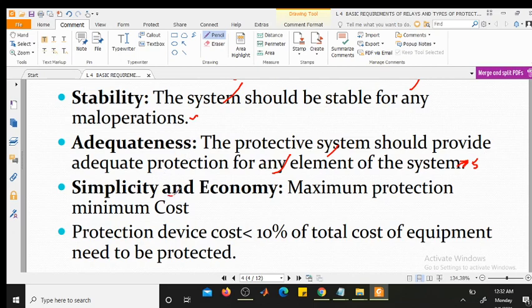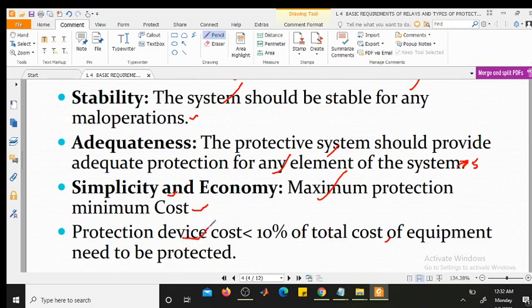Next is simplicity and economy. We need to give the maximum protection for the power system at minimum cost. That is our aim. Suppose the total cost of the equipment is 5,000 and the protection device cost is also 5,000.